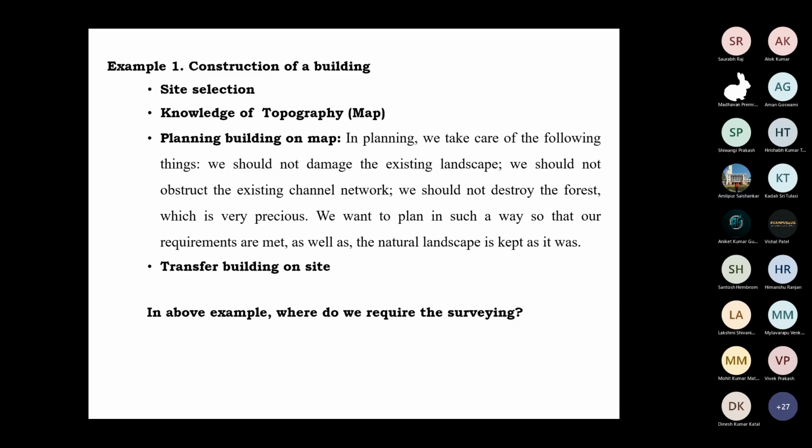Planning building on a map can be done by an architect. I'm asking where we require only surveying. If you're doing a project, a number of disciplines work there, so the specific survey will be there. Where will it be?